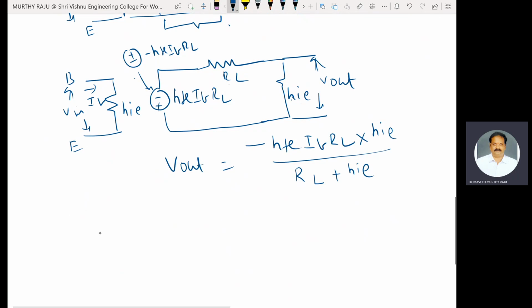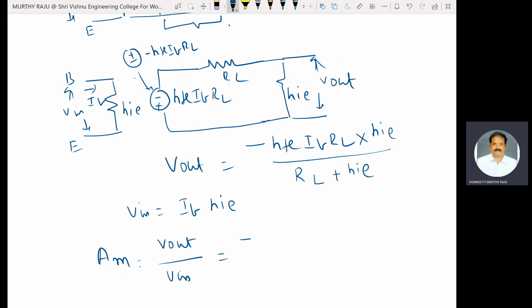Next, at the input side, V in is equal to IB into HIE. Therefore, the voltage gain AM at mid frequency range is equal to V out by V in.